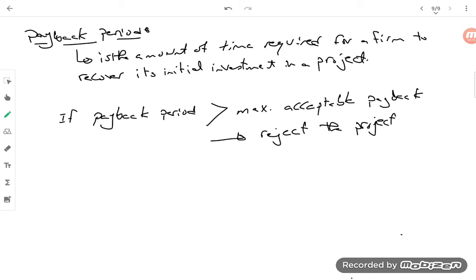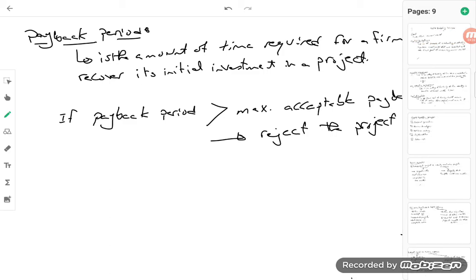Okay, returning back to our example. As we said with respect to Project A, which is an annuity, the payback period will be calculated as it's an equal amount of payments going to be received each year, which is 14,000.